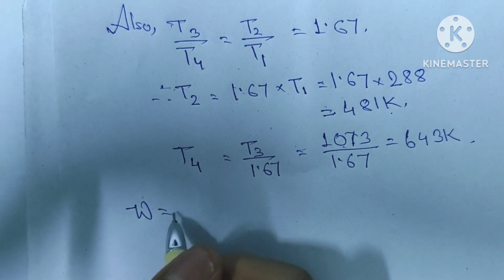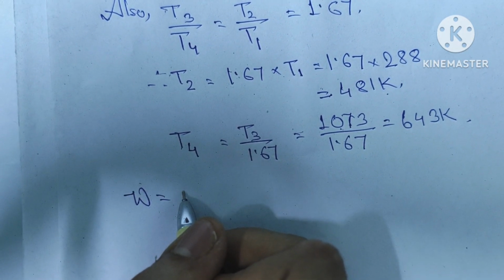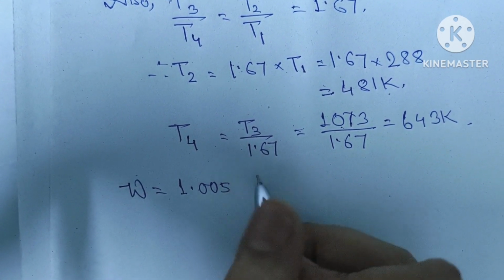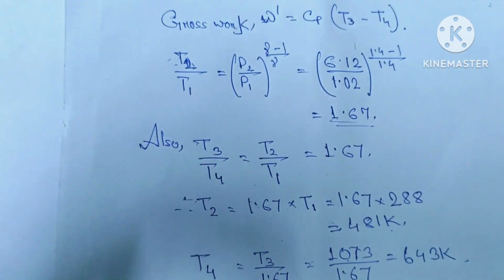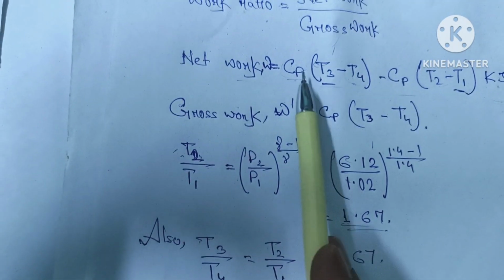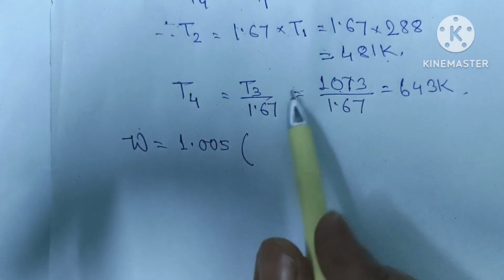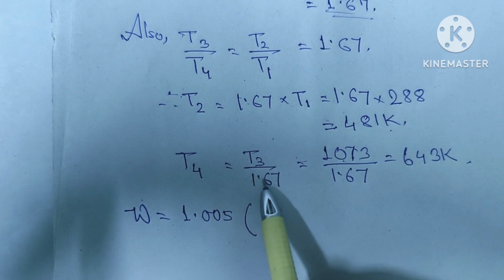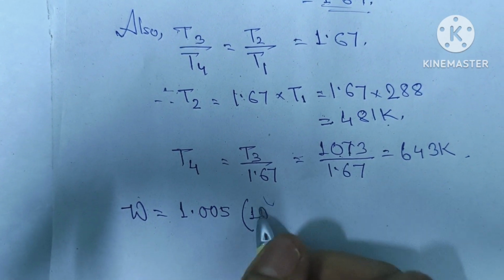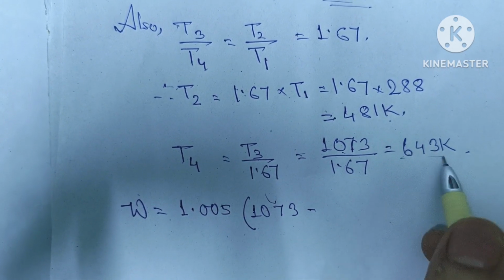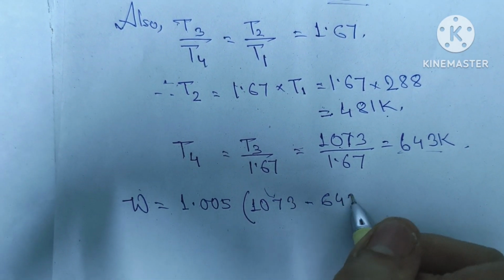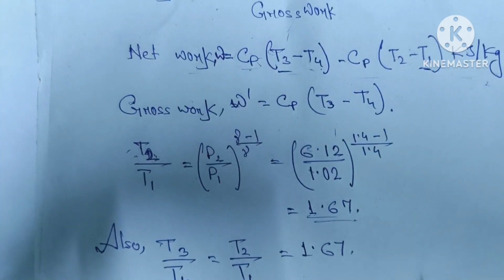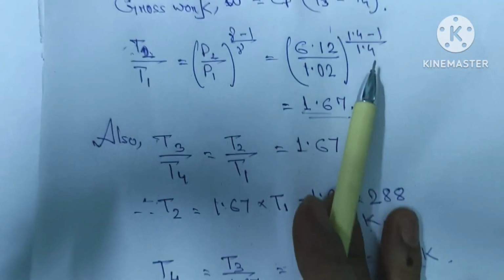So now W equals to, the value of Cp equals to 1.005, it is given. Then this is the net work: Cp into T3 minus T4. So the value of T3 is 1073, it is given, minus T4 value we have just calculated, 643, minus again Cp into T2 minus T1.